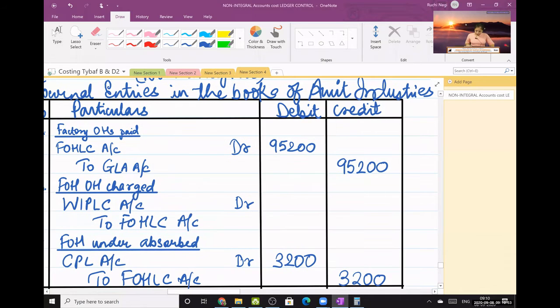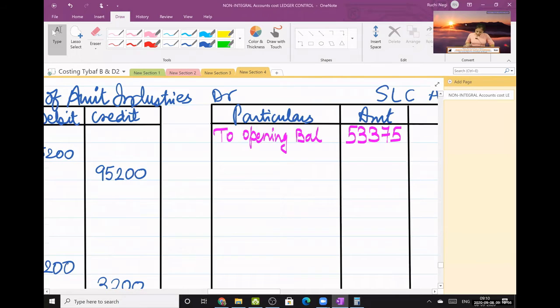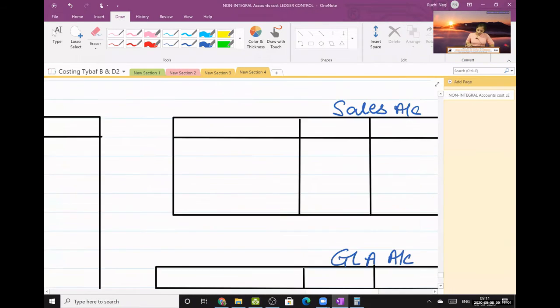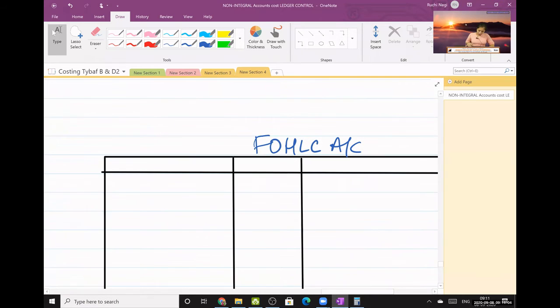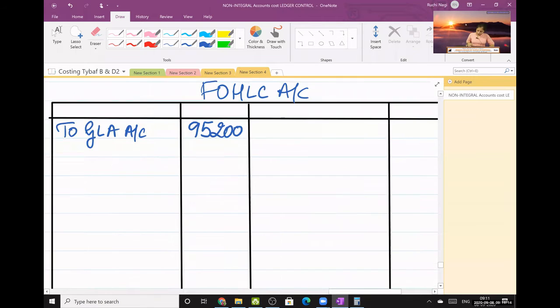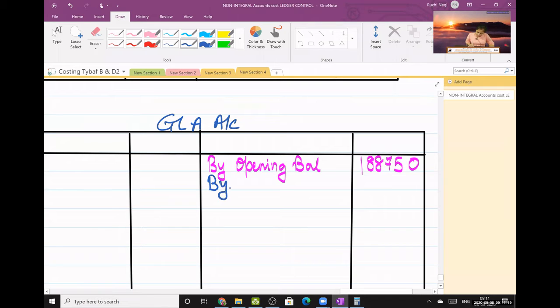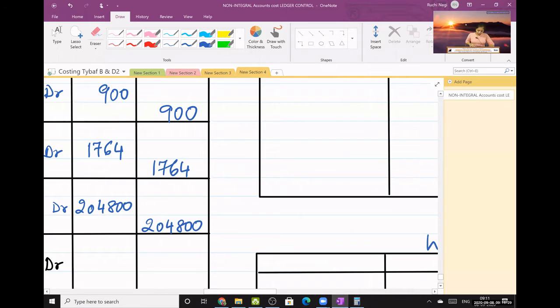So FOH to GLA 95,200. Take it to factory overheads. Here FOH to GLA 95,200. Give the second effect in GLA, by FOH 95,200.